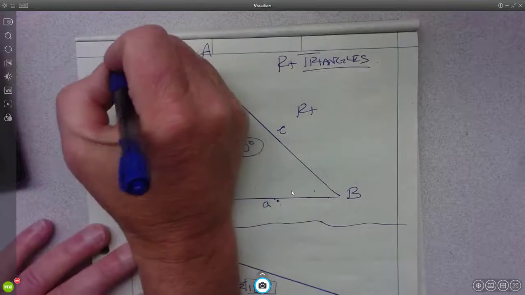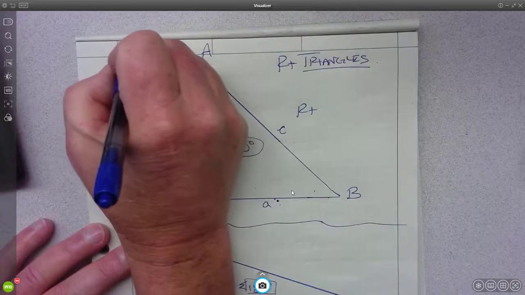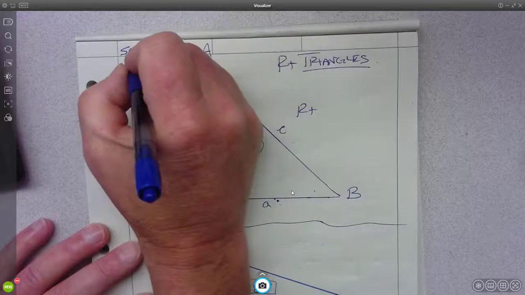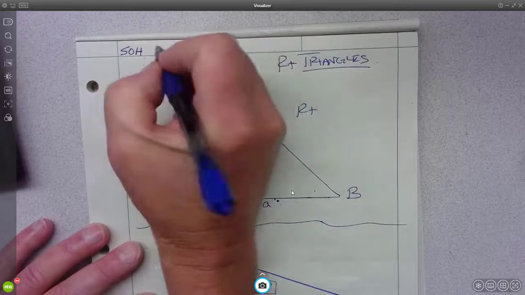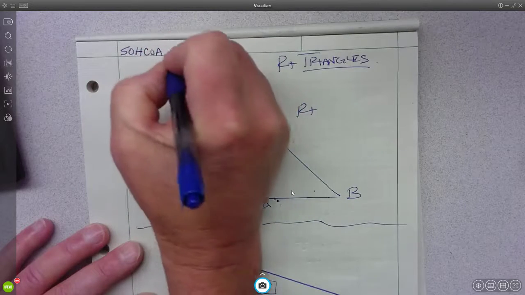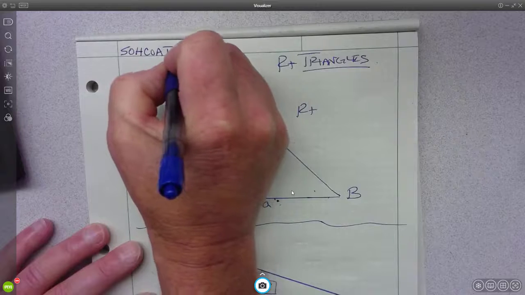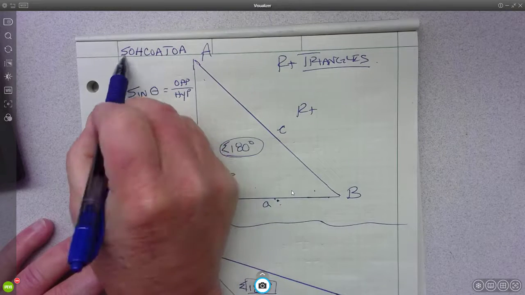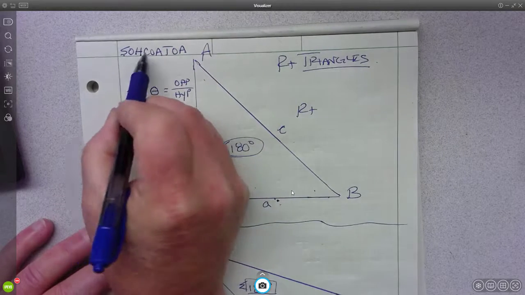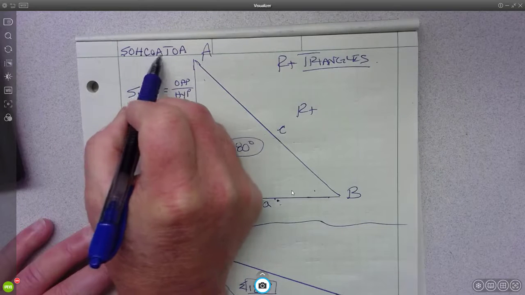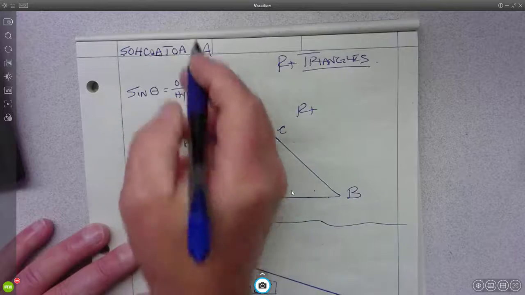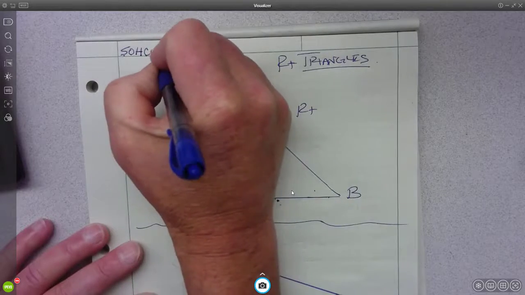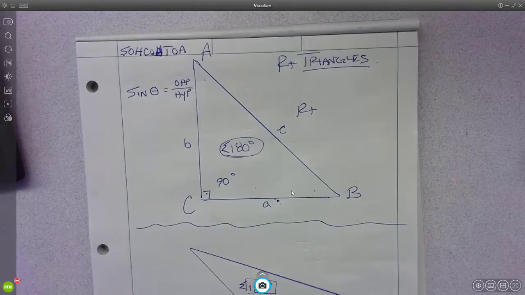I don't know if I'll write this right. SOHCAHTOA. So sine is opposite over hypotenuse, cosine is opposite over adjacent, tangent is opposite over adjacent. That's not right. This has got to be an H. I never learned that.